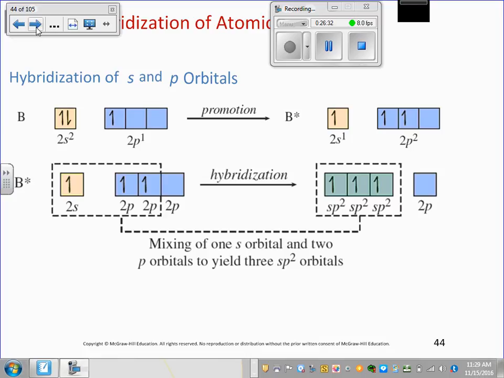So now I have 1 left in the 2s, 2 in the 2p. I combine all 3 of those, so I have sp2, meaning 1 s, 2 p's. Now I have 3 unpaired electrons that are all equal, and I have a 2p empty spot. So sp2 forms trigonal planar, which is what we see.